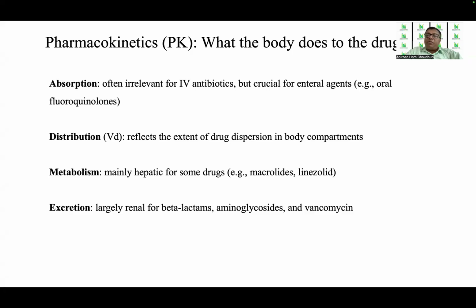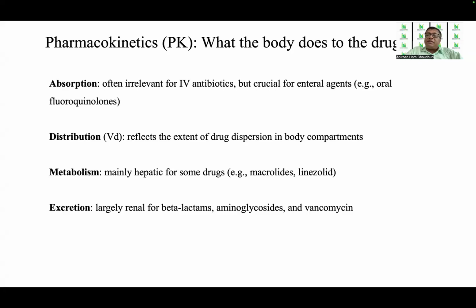Now, depending upon whether it is hydrophilic or lipophilic, the drug either stays or leaves the central compartment. And even when it leaves the central compartment, its penetration into the tissue is determined by its lipophilicity. So the distribution is also important.